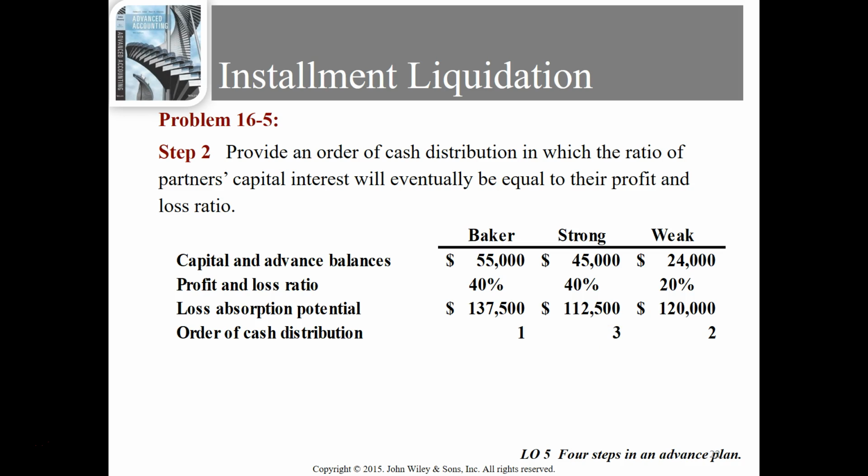And Strong can take on losses of $112,000. How do they come up with these numbers? 55 divided by 40. 45 divided by 40. 24 divided by 20.